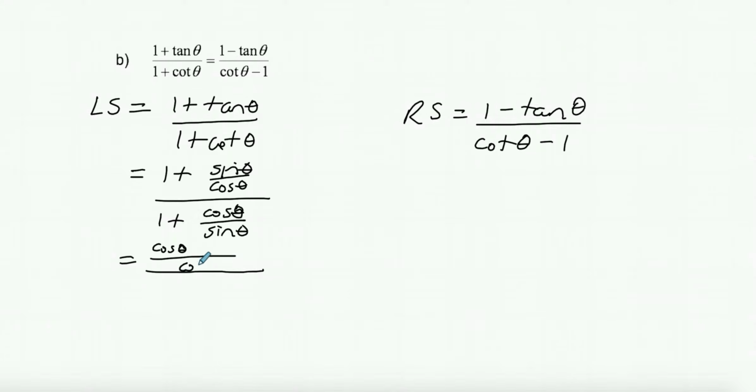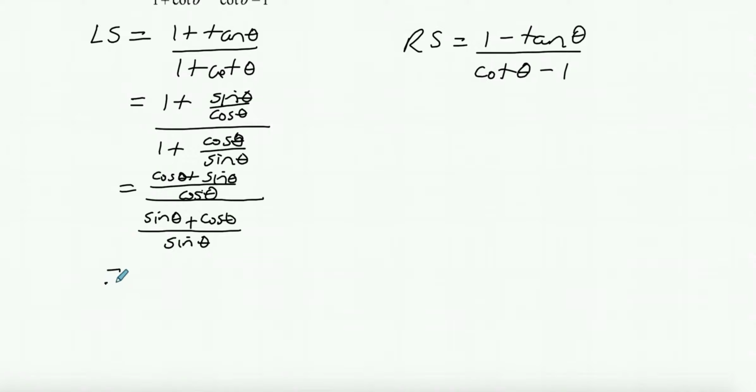So if I had to multiply the left here by cos theta, I would have cos theta over cosine theta plus sine theta, and then I have a common denominator. Same with the bottom. Maybe I would make this sine theta over sine theta so that I'm able to have a common denominator of sine theta.